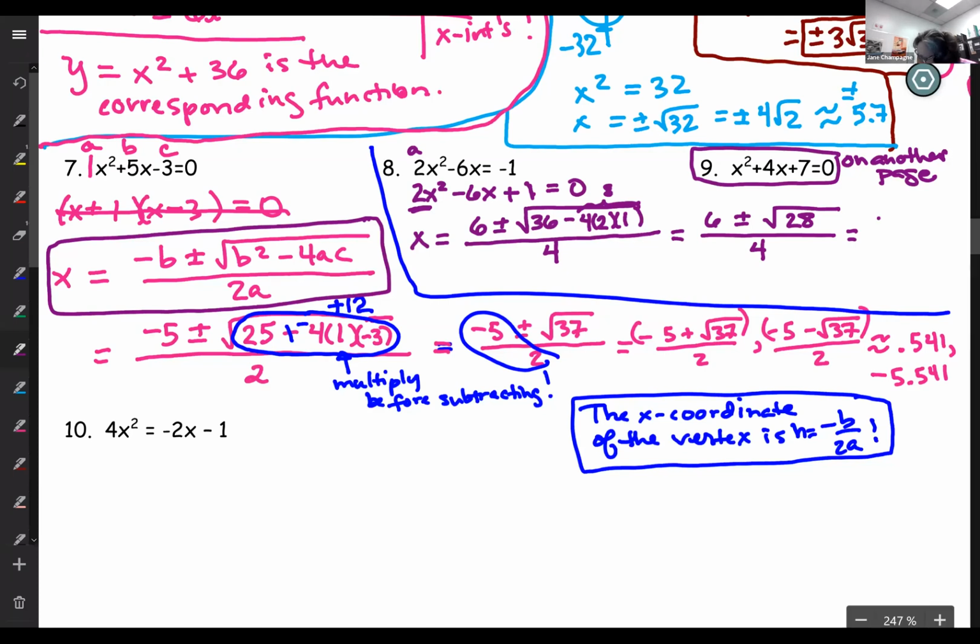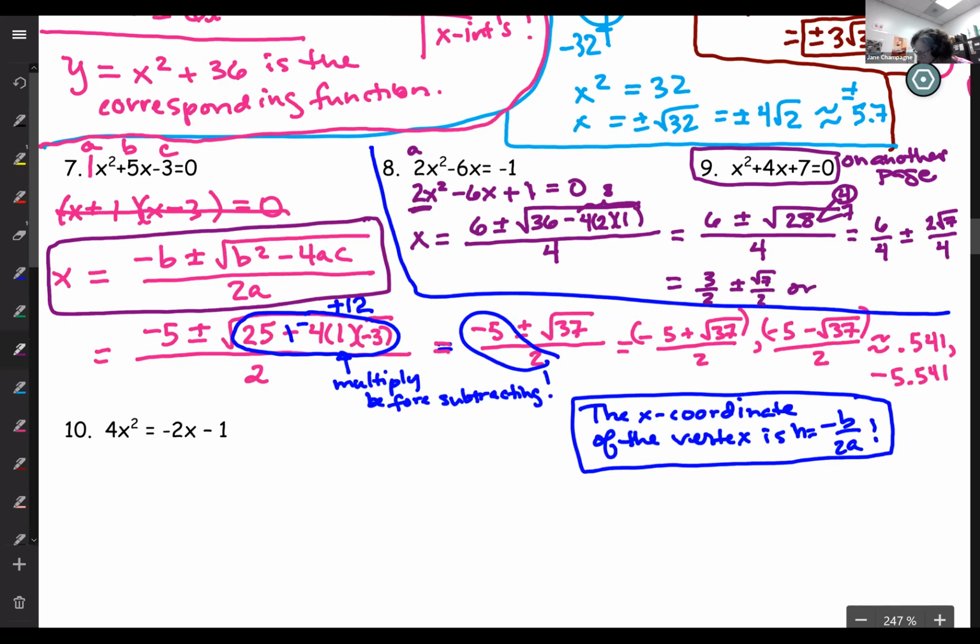So what I like to do is actually split it up. 6 is over 4, but root 28 is over 4. And root 28 does simplify because 28 is 4 times 7. So you can take the square root of 4 out to root 7. That's over 4 also. So reducing this gives you 3 halves plus or minus root 7 over 2.